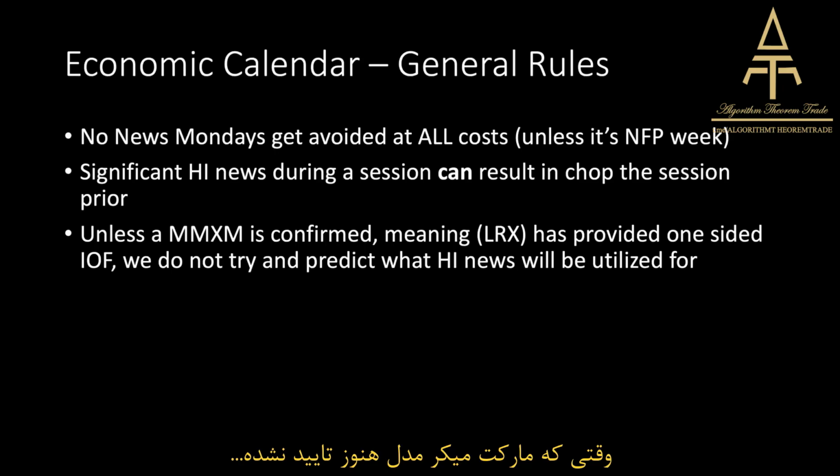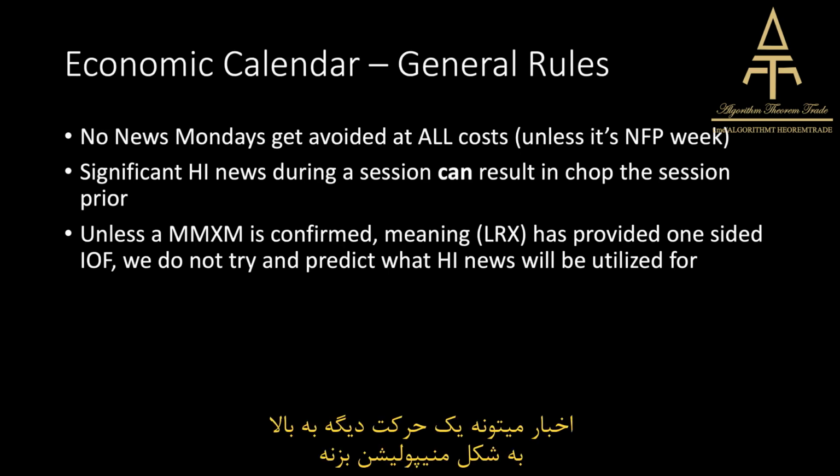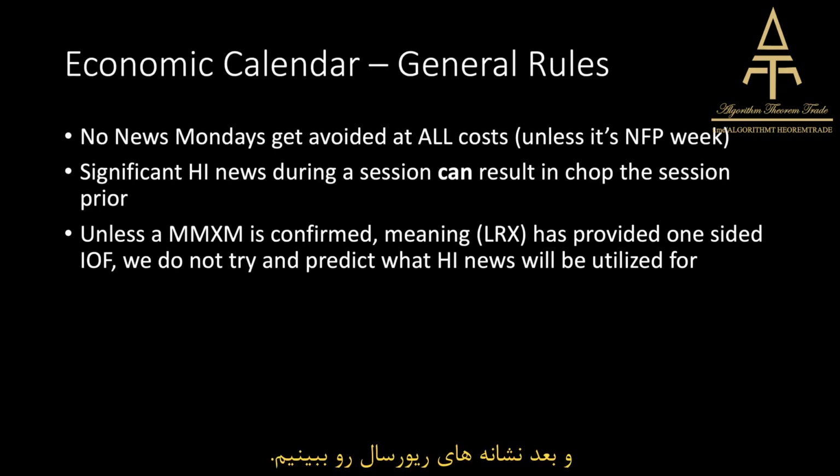When the market maker model is not confirmed yet, meaning that the low risk phase is not confirmed so far, the news can be utilized for another run higher for manipulation purposes, and then begin to show signs of a reversal occurring.